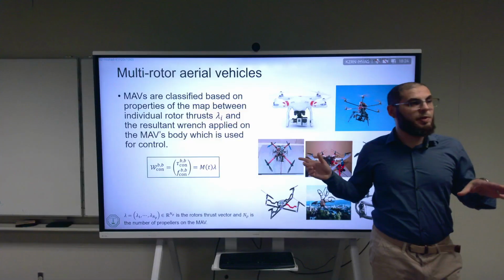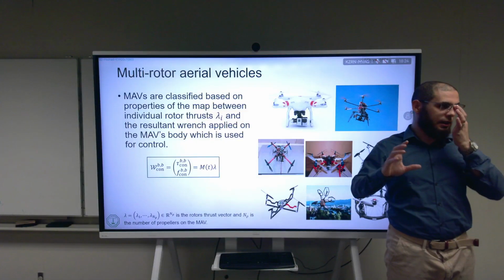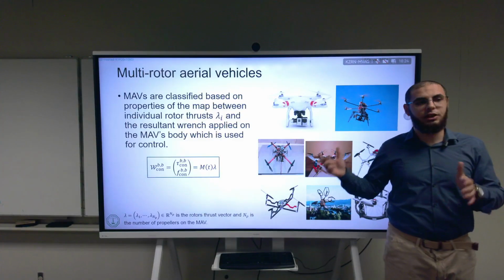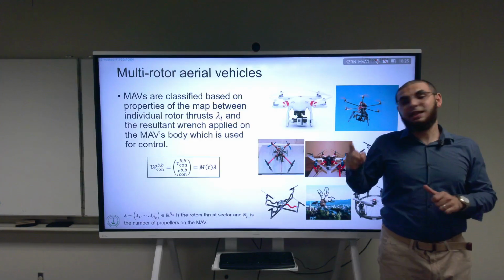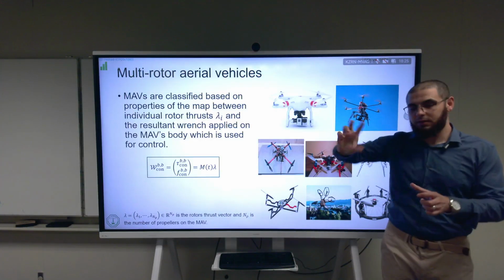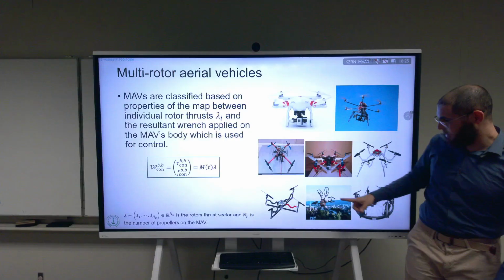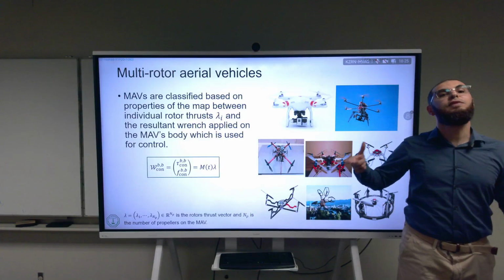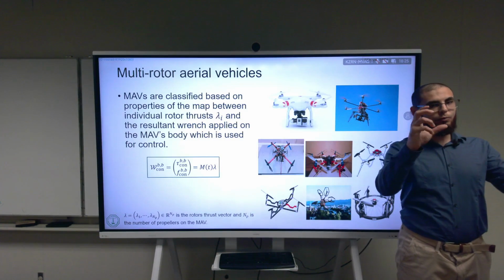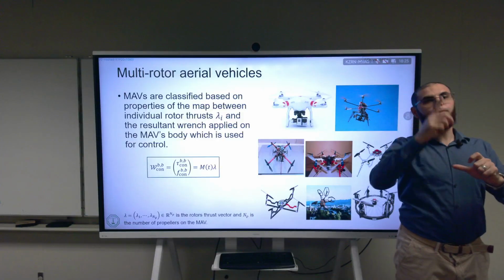Another thing that usually people do is that if the propeller is fixed, usually the gyroscopic effects that come from the inertia are not that significant. They become significant if you start to rotate the propellers around actively. And this is, for example, all of the drones you see down here. All of the 3 drones that you see here are actively tilted. They have motors that tilt the rotating propeller.